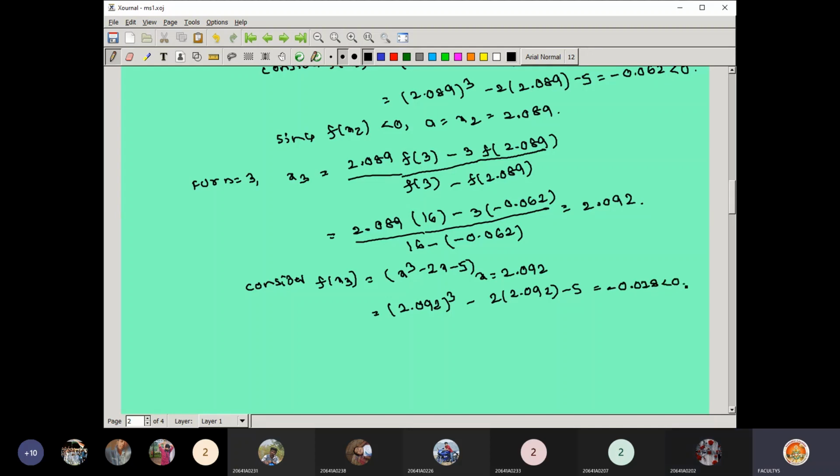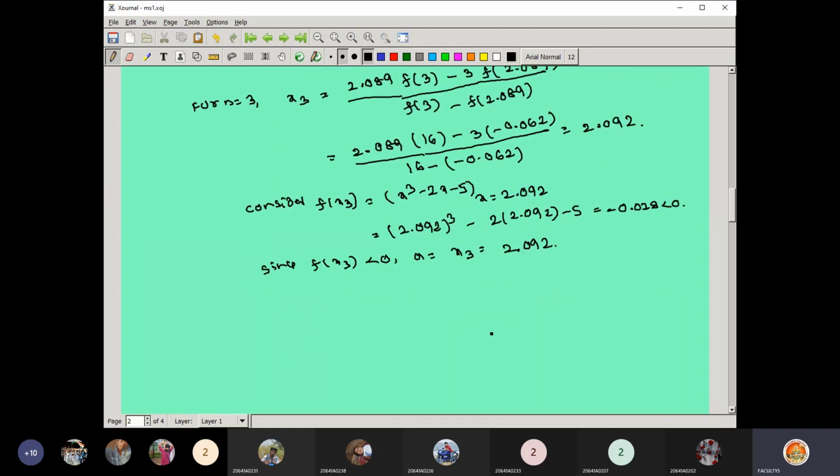So again it is less than 0. No problem. So since f of x3 is less than 0, again a is changing, a equal to x3. That becomes x3 value 2.092. So using this, again you are calculating the next approximate root.